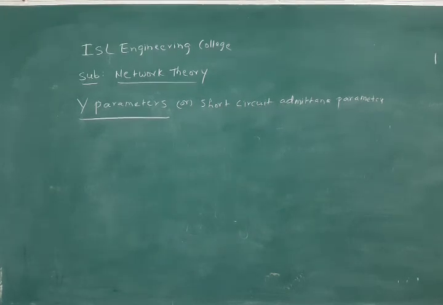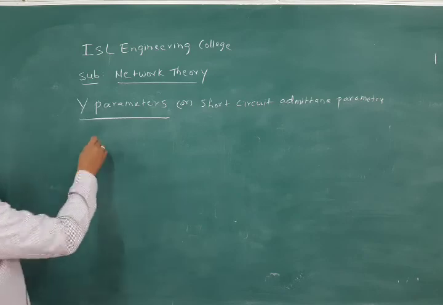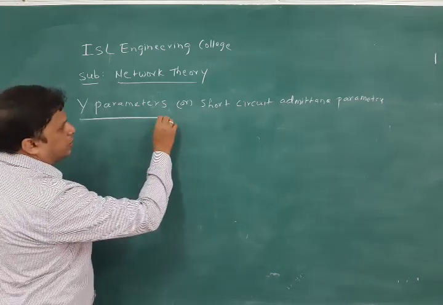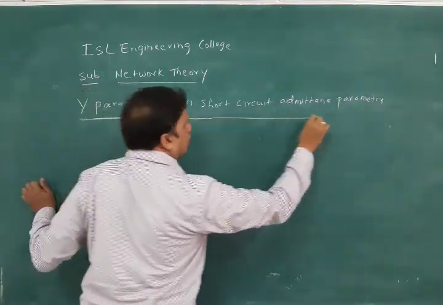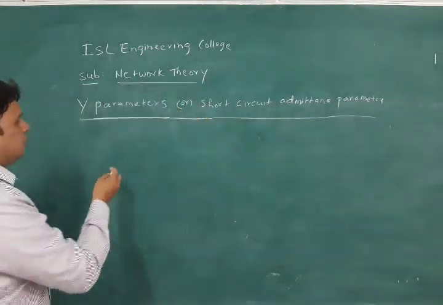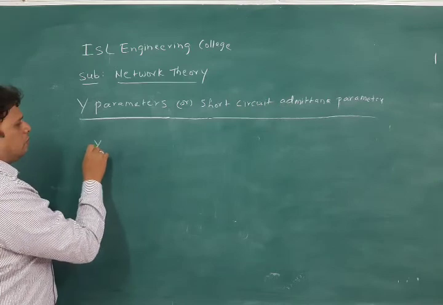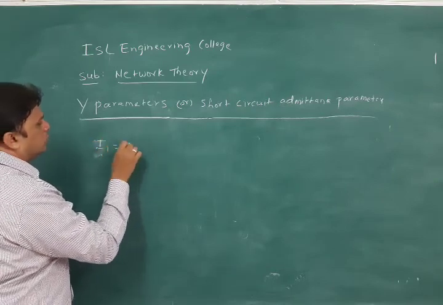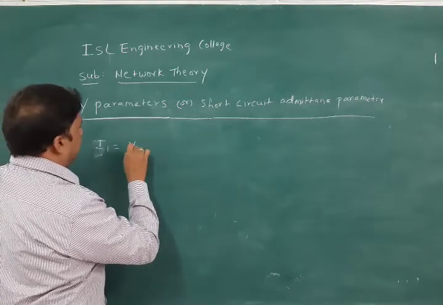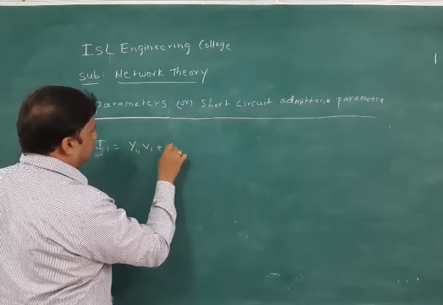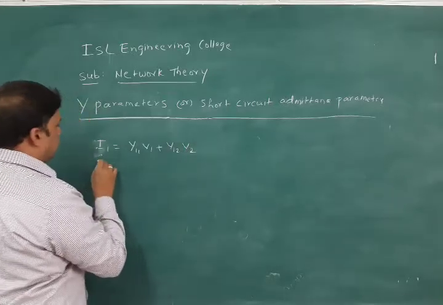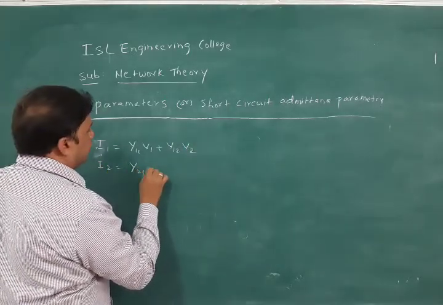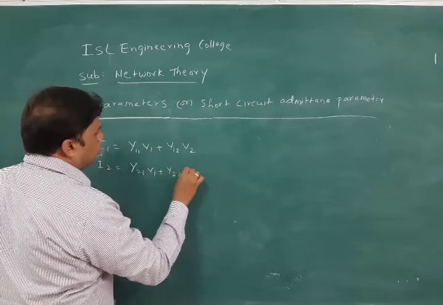So students, we were talking about Y parameters. They are given like this: I1 is equal to Y11 V1 plus Y12 V2, and I2 is equal to Y21 V1 plus Y22 V2.